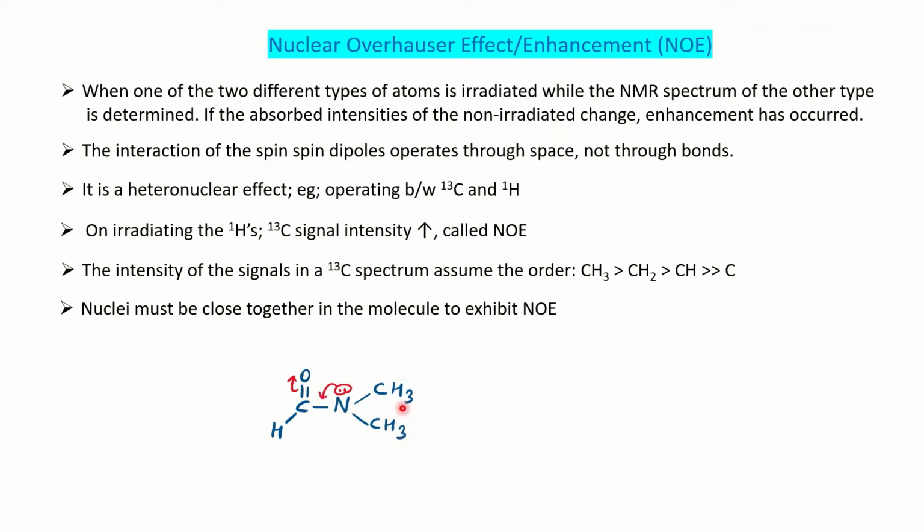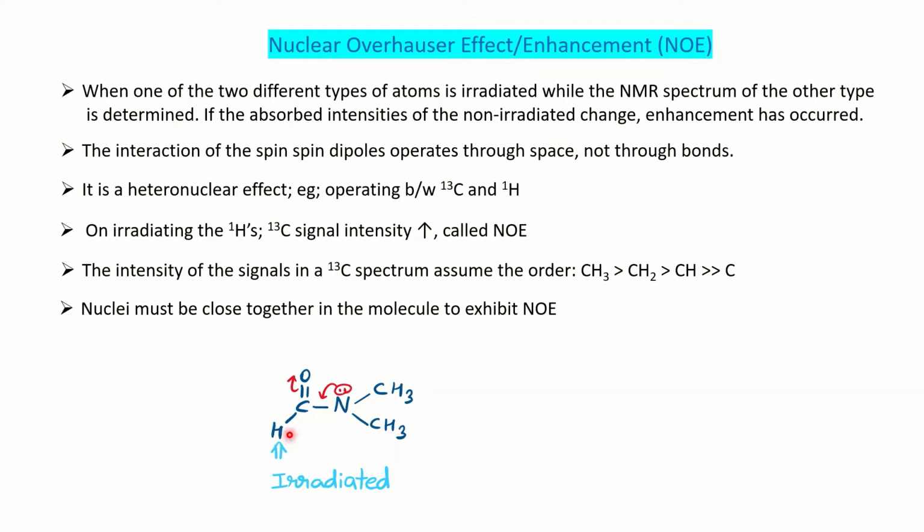The two methyls then become non-equivalent to each other because of the restricted rotation. If they are non-equivalent, how can we find out which is which? If you want to assign the stereochemistry, which methyl is syn to the aldehydic hydrogen and which methyl is anti to the aldehydic hydrogen, that three-dimensional information we can assign by NOE.